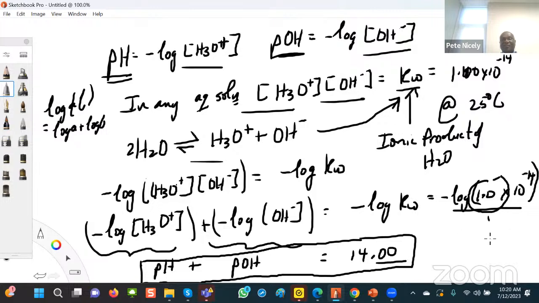For example, in this case you have 2 sig figs, which means that when you do the log of it, you're going to have 2 decimal places in your answer, right? So that's why I specifically wrote this down as 14.00, all right? Okay, so those are some of the things that you're going to need in this chapter, especially when solving the problems in this assignment.